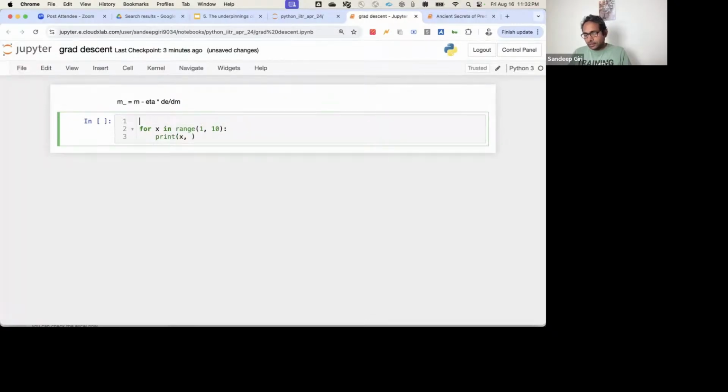My data equals, I'm just synthesizing data. Data dot append.